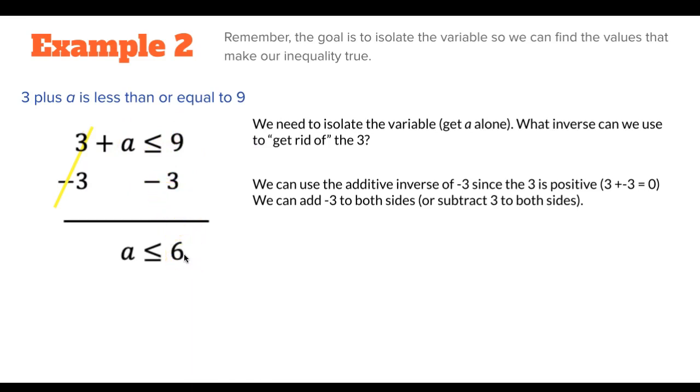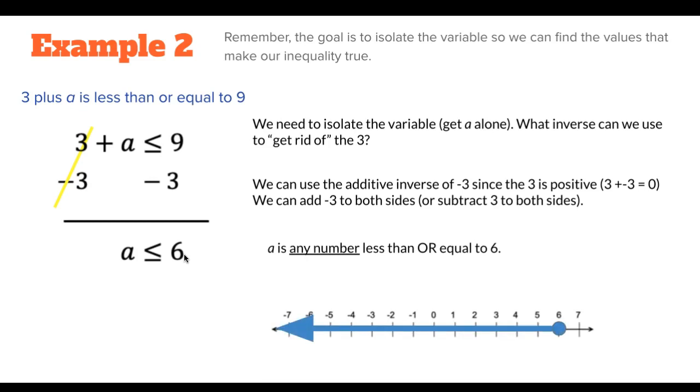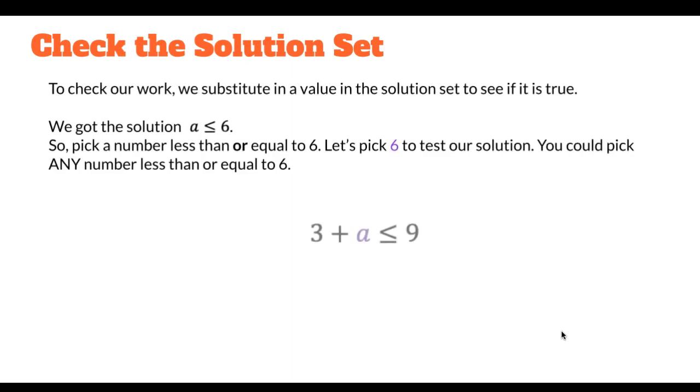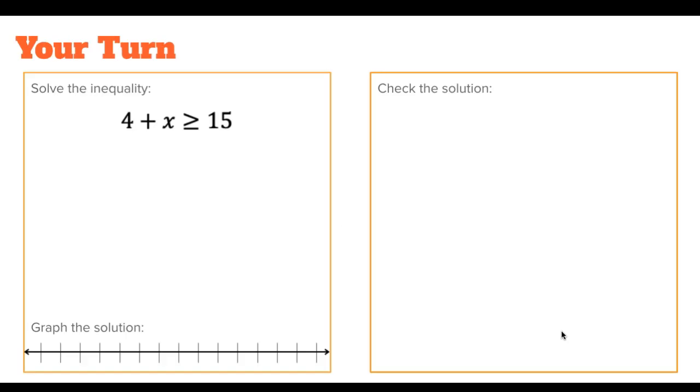So we know that A is less than or equal to a positive 6. Notice that when you fill this in on the number line, this is filled in. Okay, these are basic skills. Let's keep it moving.